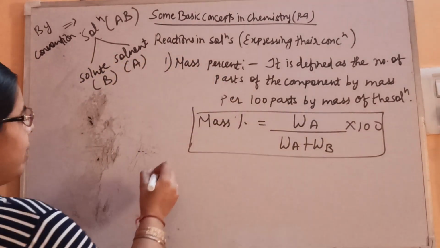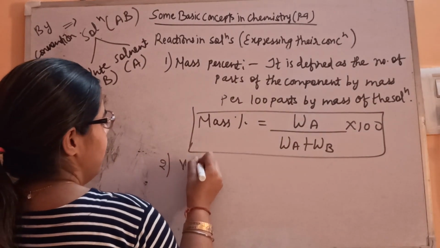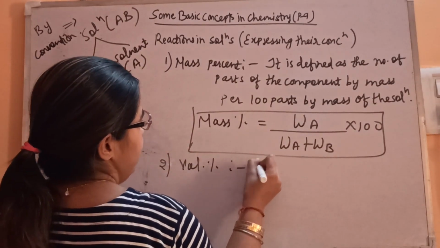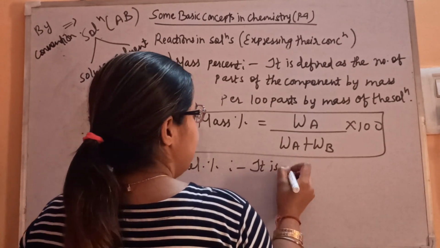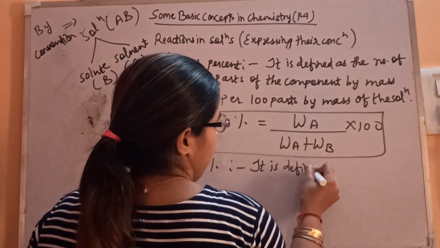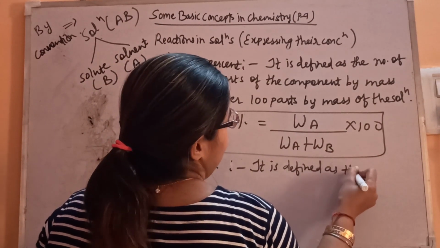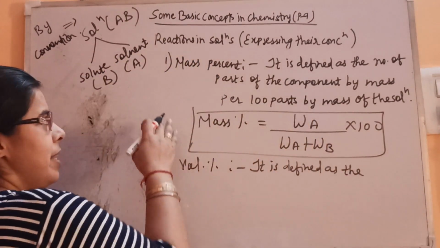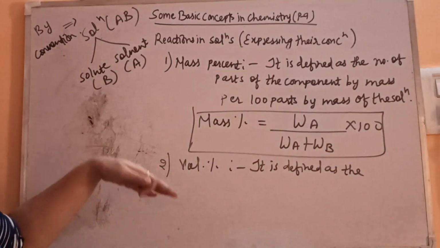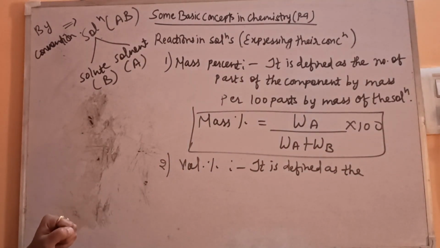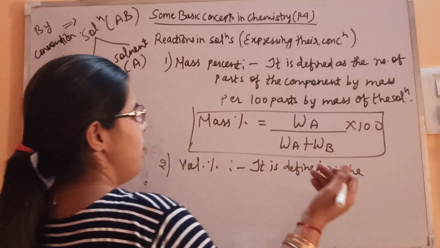Let's see the second one, volume percent. It is defined the same as mass percent, but instead of mass, volume will come.